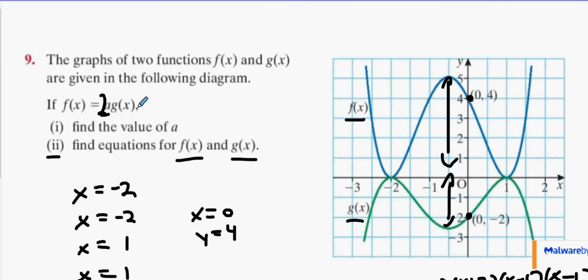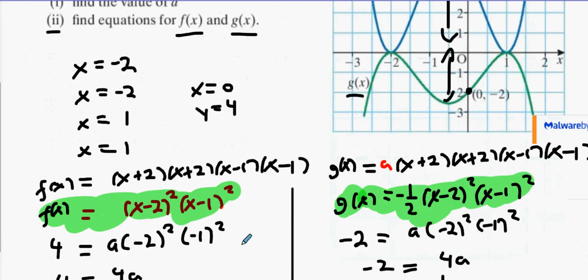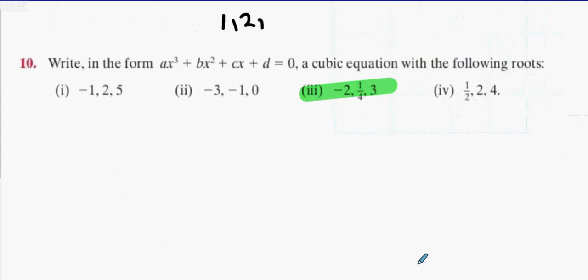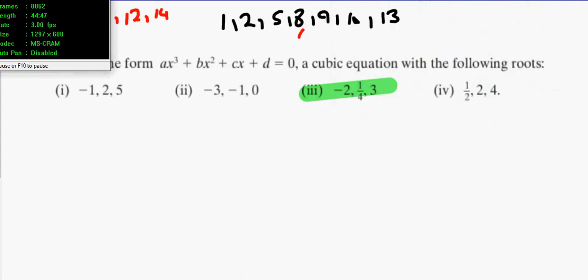So that means 2 times g of x would be the same height as f of x. But it's also mirror imaged as well. So it'll be minus 2. So a would be minus 2 in question 1. But in question 2, your a values are different. They have nothing to do with it. Is that okay? Alright, it's a good question.